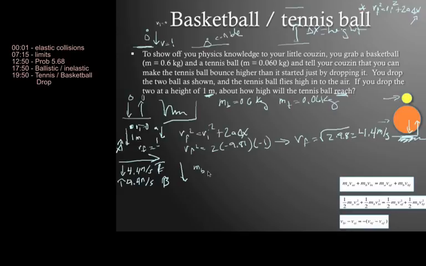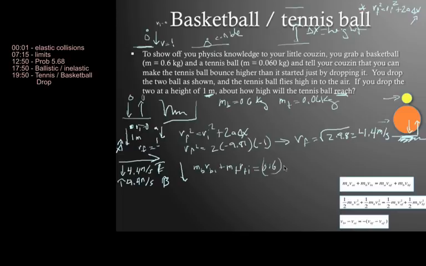So MB VB initial plus MT VT initial. That's going to be our initial momentum. And so we could just plug in what we know. That's the 0.6.